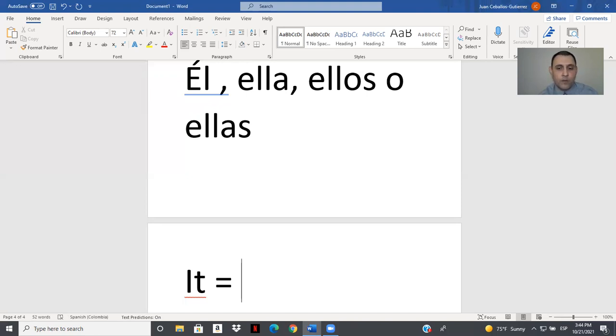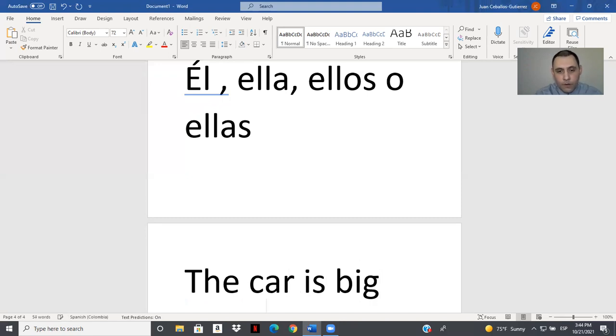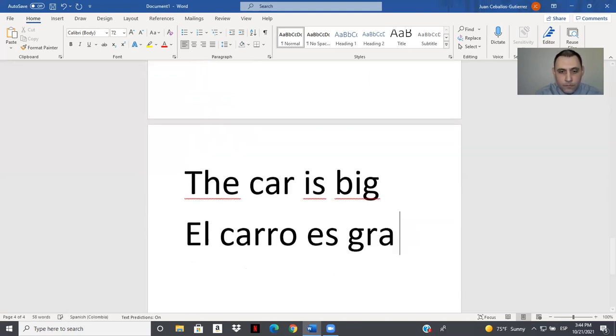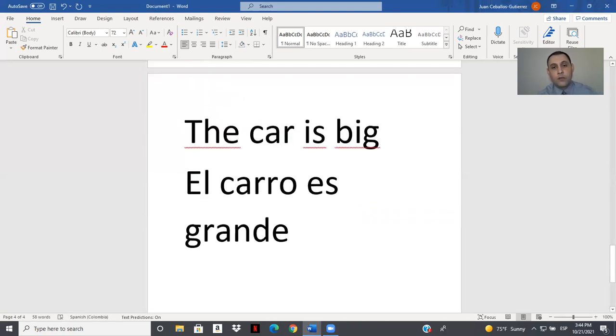Okay. So in English, for example, I will say the car is big. Which in Spanish is el carro es grande. So in English, I can replace the subject, the car, by the subject pronoun it.